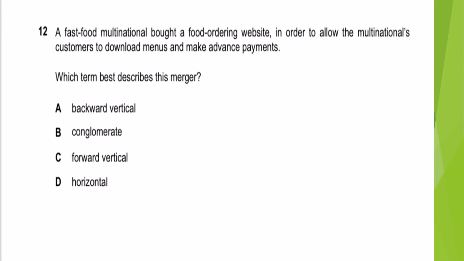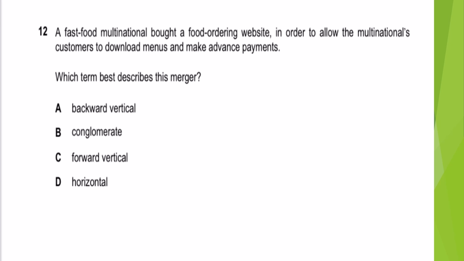Number 12: a fast food multinational bought a food ordering website in order to allow the multinational's customers to download menus and make advance payments. Which term best describes this merger? Here are the types of merger and we need to discuss which merger this is.